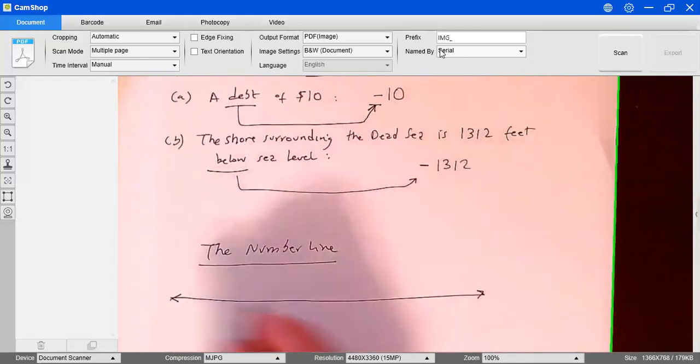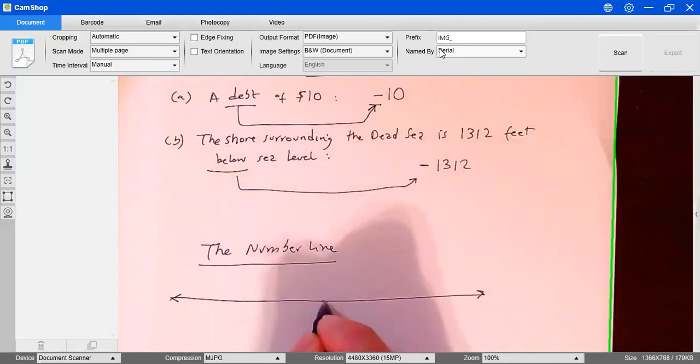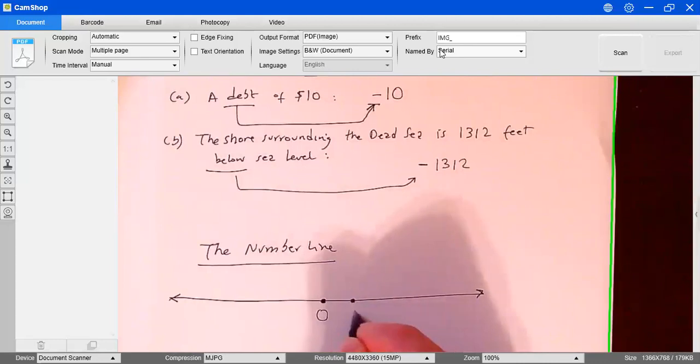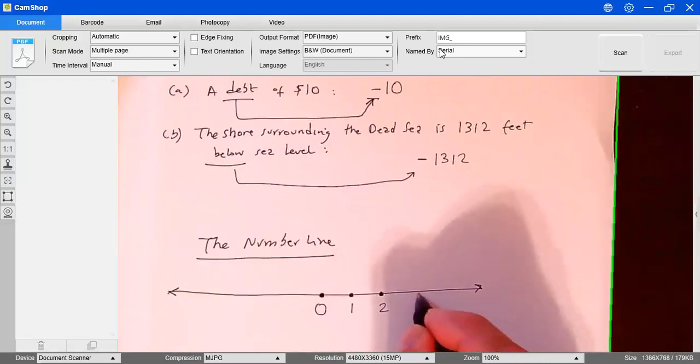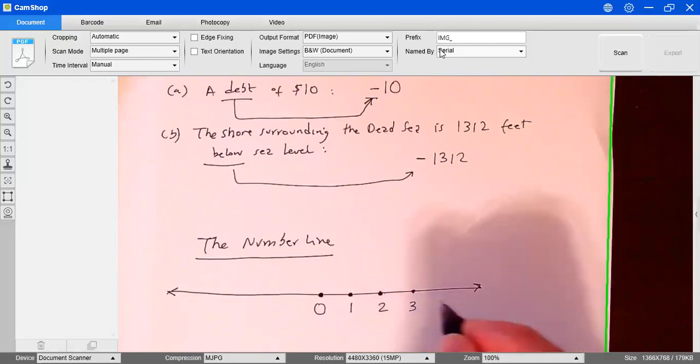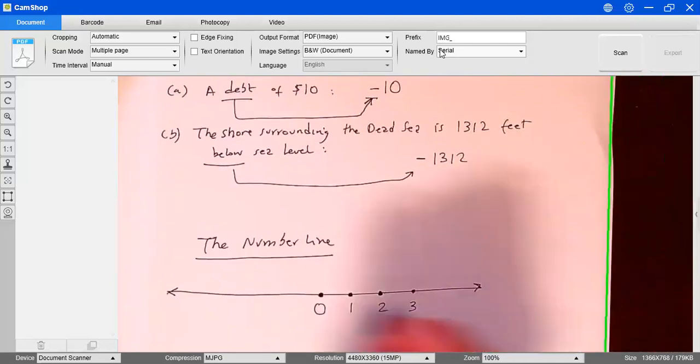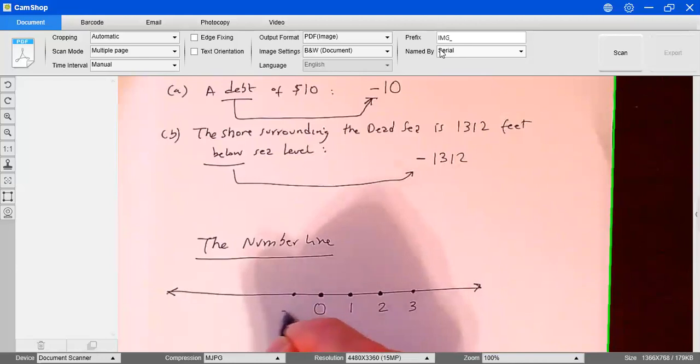What parts? Only dots. So we have a dot representing 0, we have another dot representing 1, then another dot representing 2, another for 3, and so on, and the same thing for negative numbers. So you have a point representing every integer.